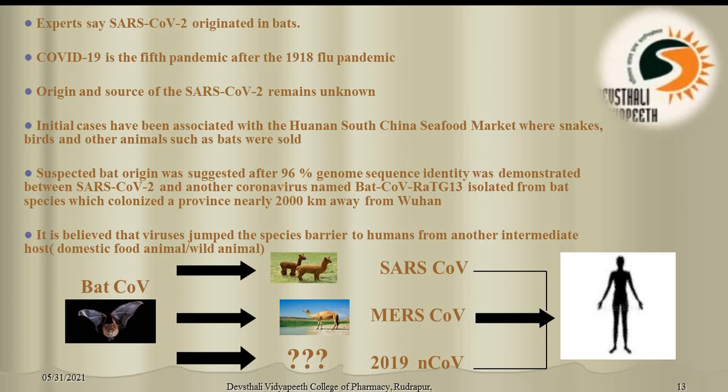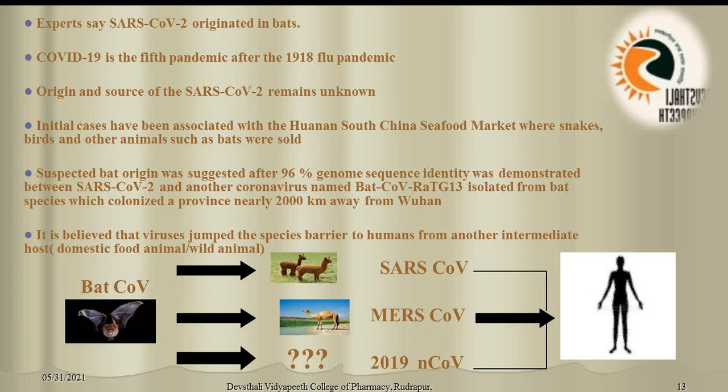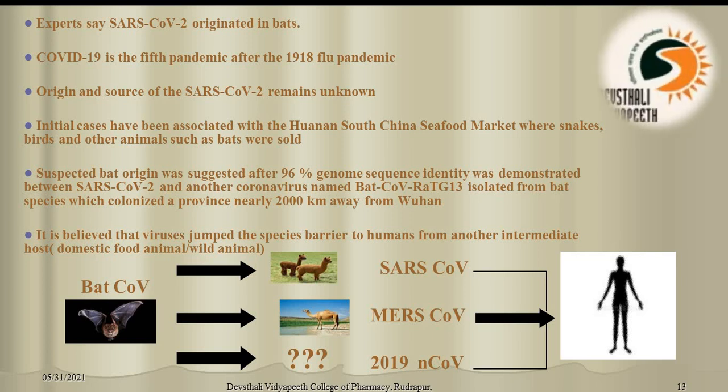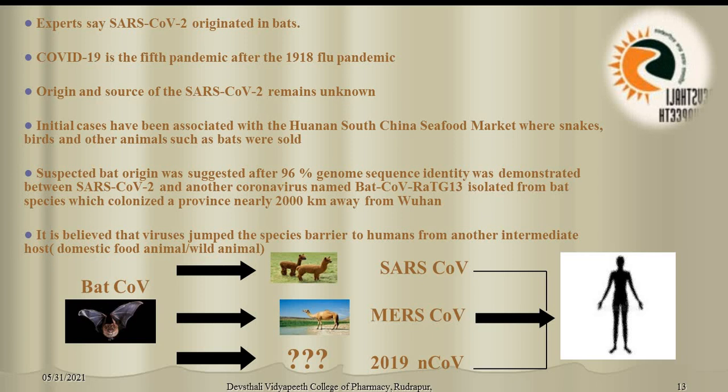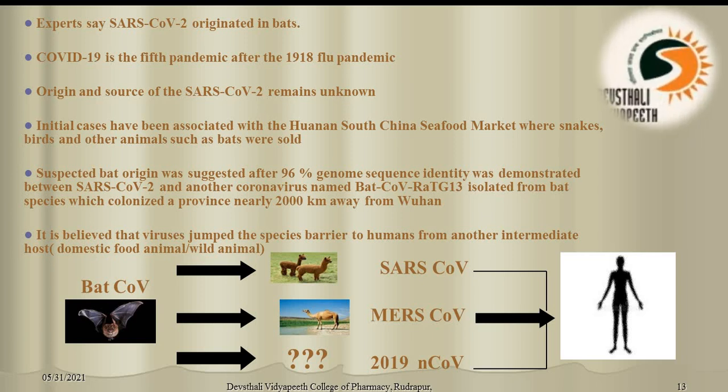The virus isolated from bat and SARS-CoV-2 both had 96% genomic identity. It is also believed that this virus jumped the species barrier to humans, and that there had been an intermediate host. It could have been a domestic food animal or a wild animal between the bat and the human.